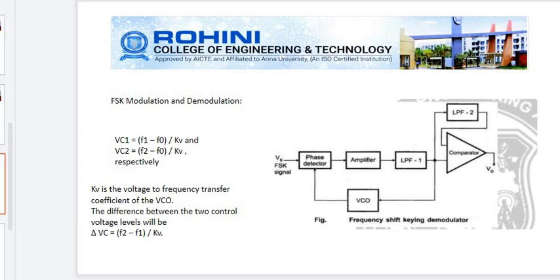Similarly, Vf2 is equal to F2 minus F0 by K0. So the difference between the two control voltages, del V, that is Vf2 minus Vf1, is equal to F2 minus F0 by K0 minus F1 minus F0 by K0. K0 is the voltage to frequency transfer coefficient of the voltage controlled oscillator.